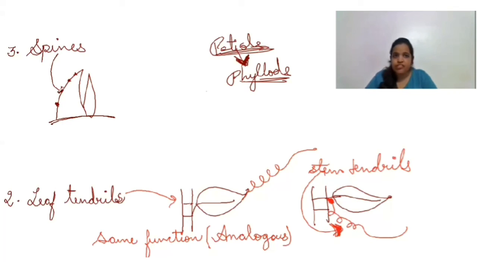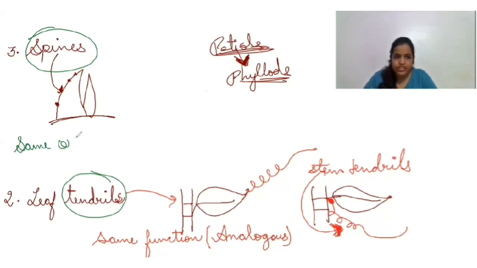So guys, the modified leaves are forming the tendrils also, and the modified leaves are forming the spines also. But they are performing different functions. So this time they have same origin, different function, hence known as homologous.